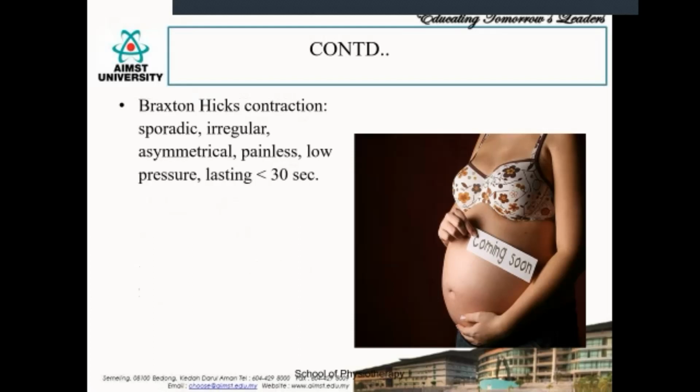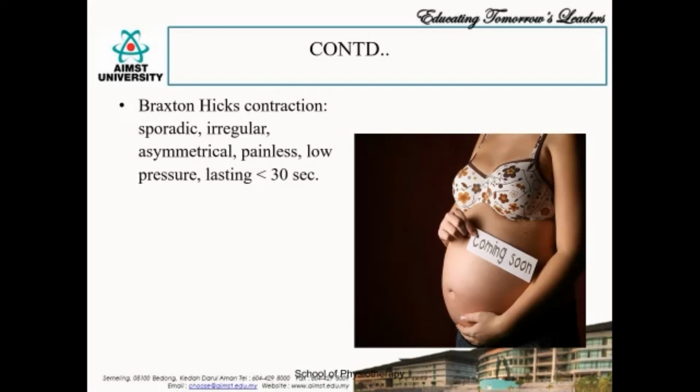Next, it is called Braxton Hicks, or you can say false delivery pain. This is an irregular or asymmetric contraction of the uterus. The uterus will be undergoing continuous change, and because of that, there will be a little bit of movement or uterine contraction happening in the uterus.